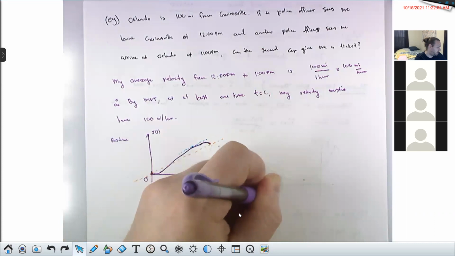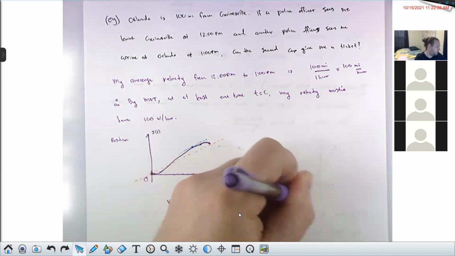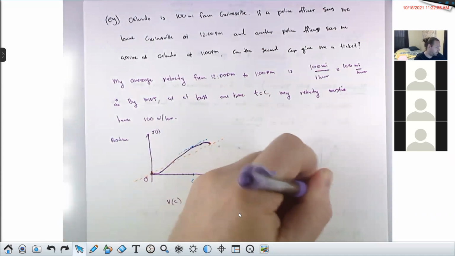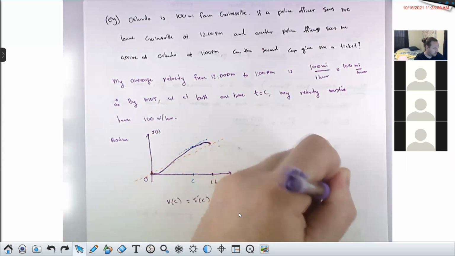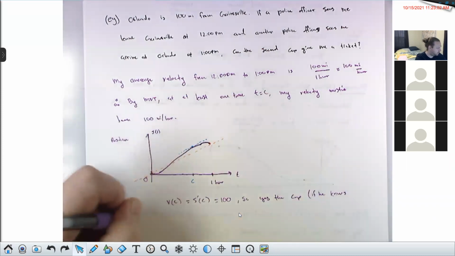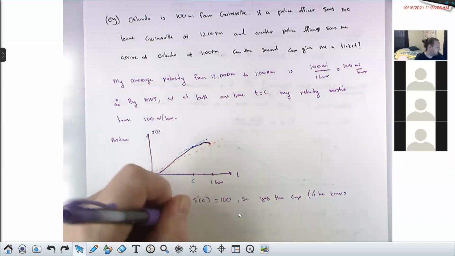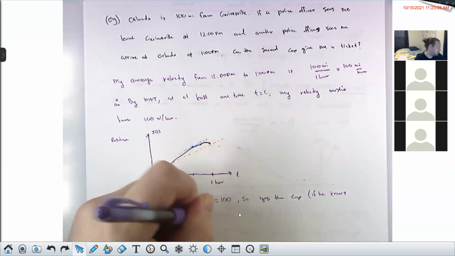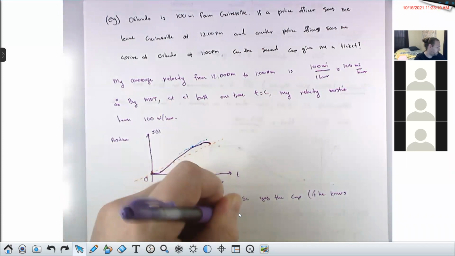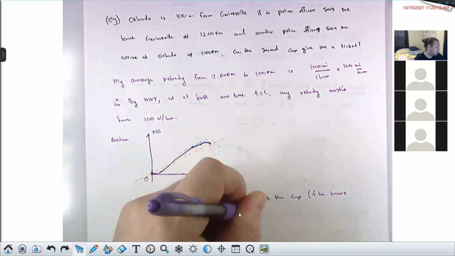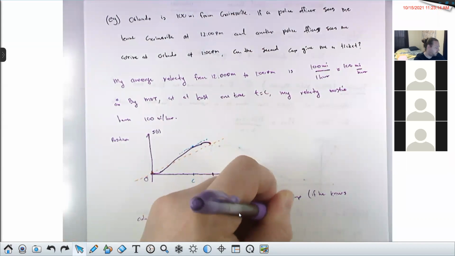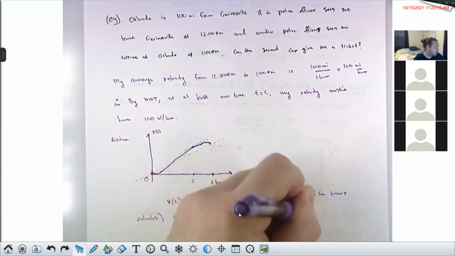So yes, the cop, if he or she knows calculus, could issue me a ticket despite never seeing me speed.